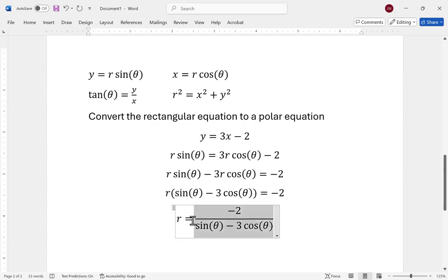So this is the equation of this line in polar form. We have the line in rectangular form, which is y equals 3x minus 2. In polar form, it is r equals a fraction whose numerator is negative 2 and whose denominator is sine theta minus 3 cosine theta. So that's basically it.